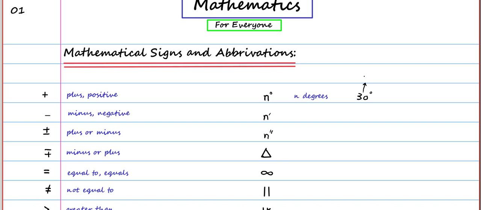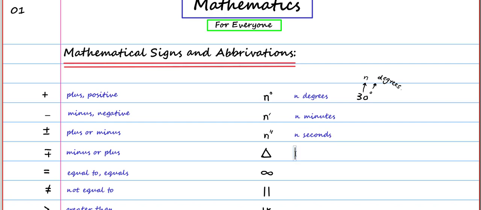This is n showing degrees, right? The next one means n minutes. And this symbol means n seconds, and this one is important.